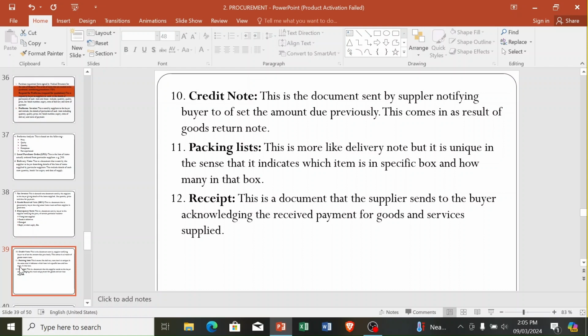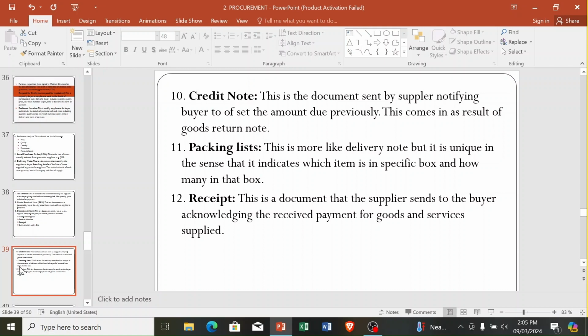In case of us returning the product, those we signed in a discrepancy form, we shall have to return them back to the supplier. So a credit note becomes that document that a supplier sends notifying the buyer of the amount due previously, like reminding us of the money we need to pay. That is what a credit note is.